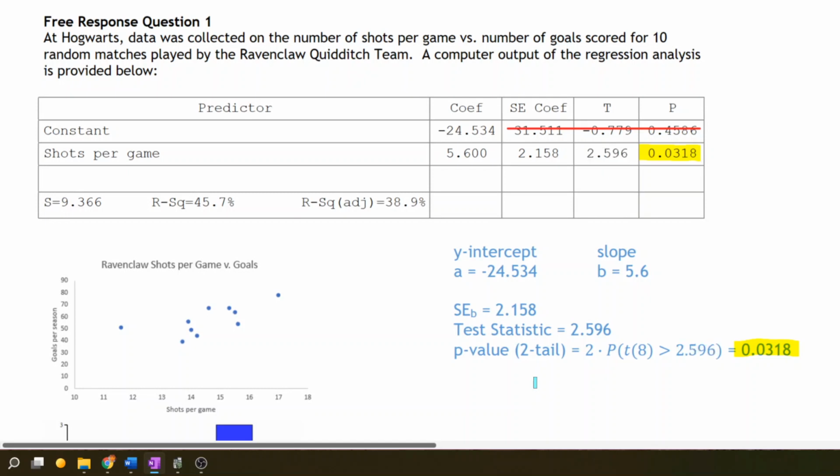If you need the one-tailed test, you would divide that 0.0318 by 2, and that would give you the p-value for a one-tailed test. And that kind of completes that second row of our computer output.